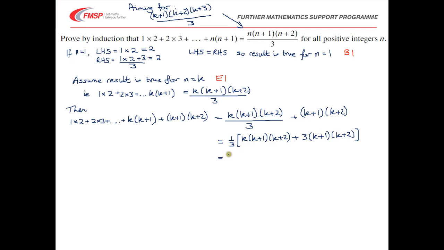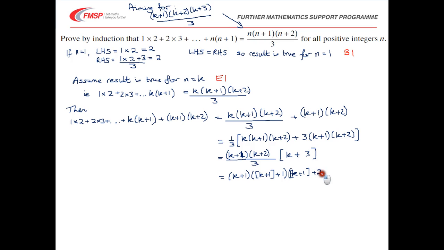And then if you look at both terms, I've got a (k plus 1) first and (k plus 2) in both terms, which is good news when you look at what you're aiming for. And then I've got k plus 3. And gosh, I'm there already. This was quite an easy one. So let's be really pedantic and write it as (k plus 1) and then (k plus 1 plus 1) and then (k plus 1 plus 2).